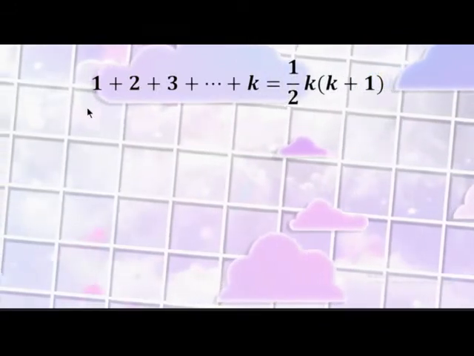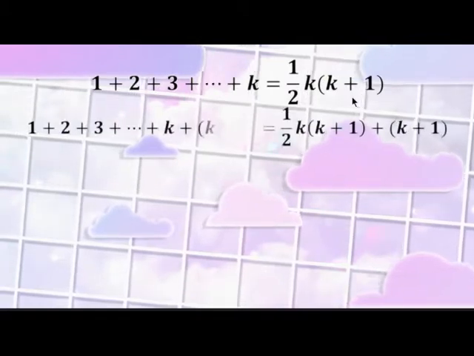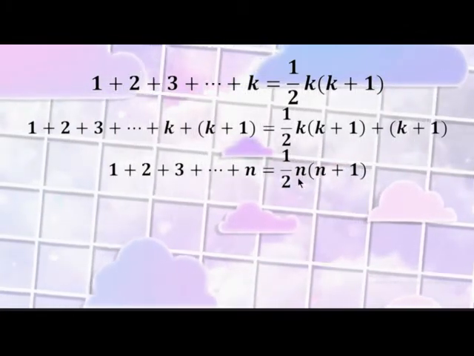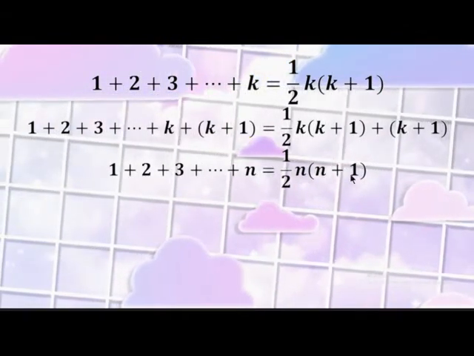by these following steps. So this is the statement when n equals k, and then we add k plus 1 to this side and also k plus 1 to this side. And then this is the original statement, 1 plus 2 plus 3 plus ... plus n equals 1 per 2 n multiplied by n plus 1.